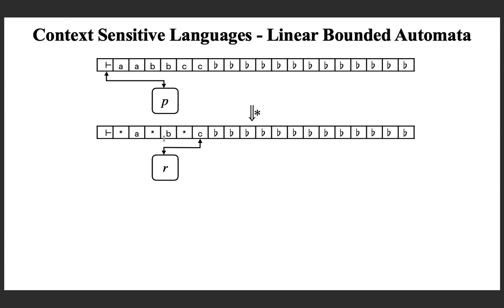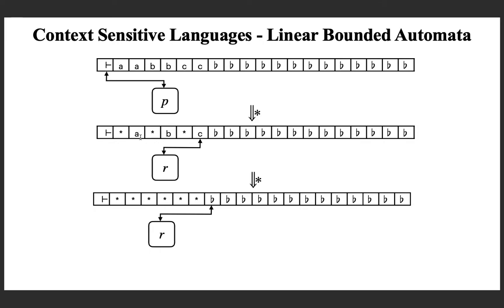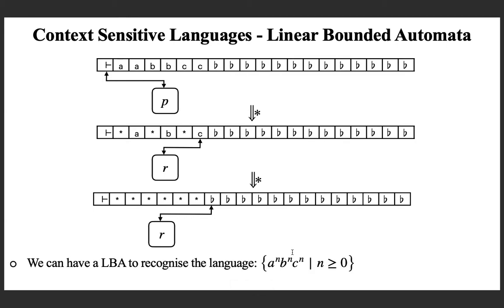In the next round you can mark the next A, next B and next C, and you can easily design a machine in such a way that you will get all stars marked by replacing all A's, B's and C's if and only if the input is of the form A raised to n, B raised to n, C raised to n, and hence you are now getting a linear bounded automaton for this language which is not a context free language.